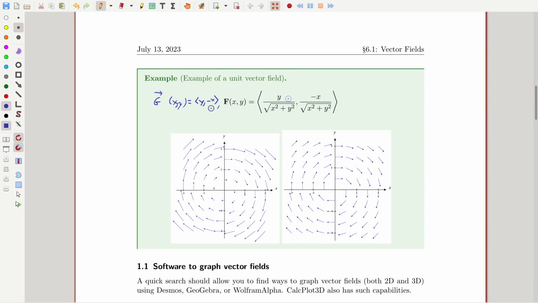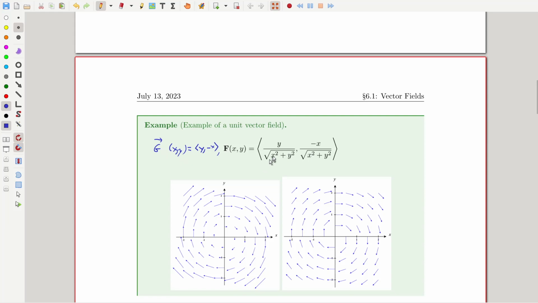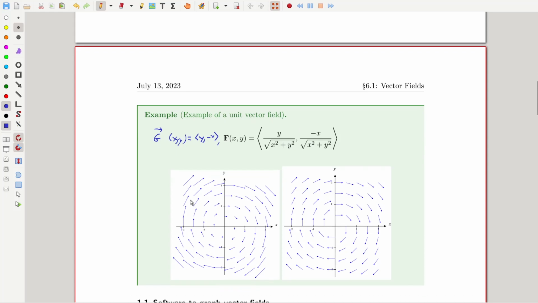That's taking the magnitude of g, and then that goes into the denominator, and so you end up with the normalized version, which is this.